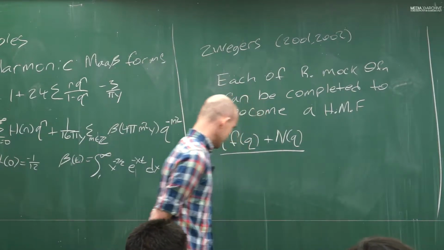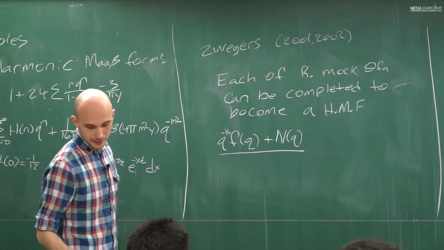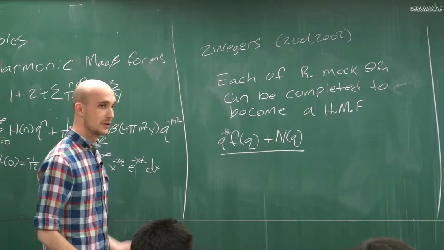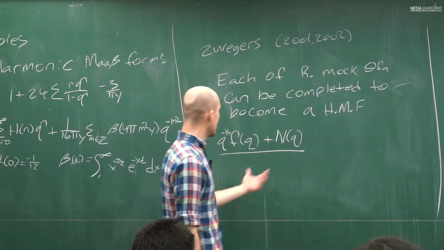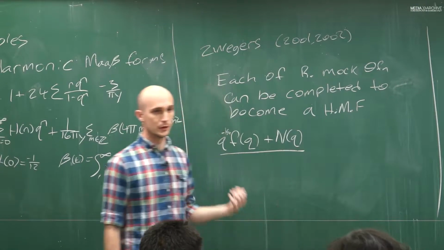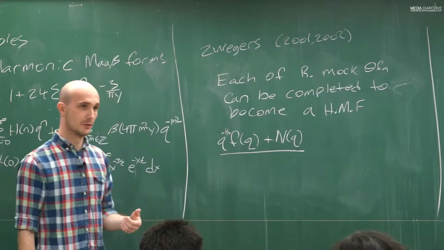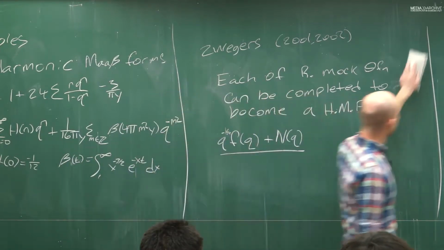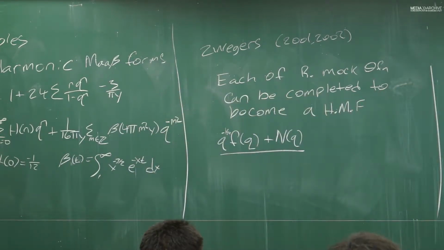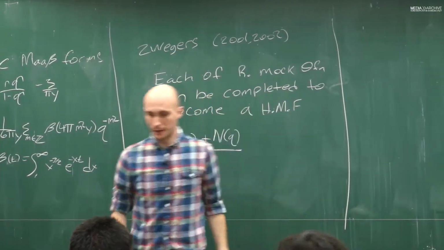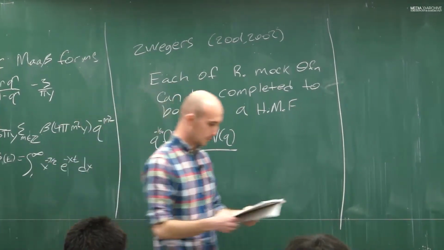Let me get to that in just a moment. There's a differential operator that I'll get to in a moment that sends this non-holomorphic part to a holomorphic modular form of positive weight. That's exactly where I'm coming right now.